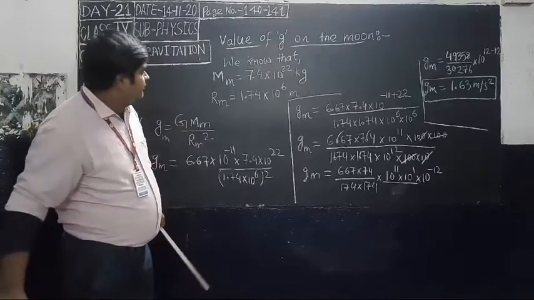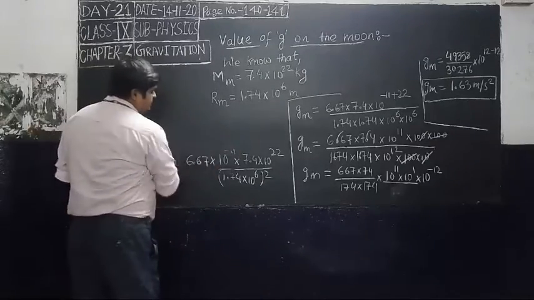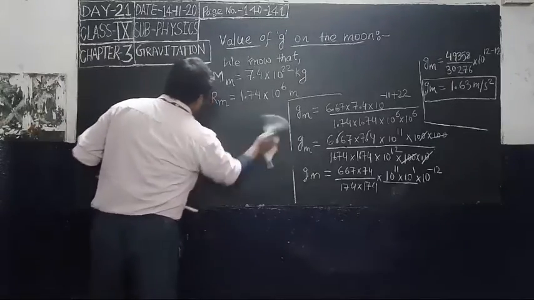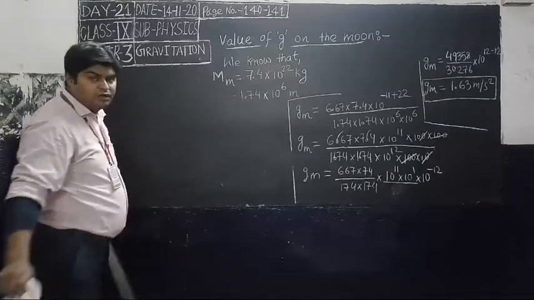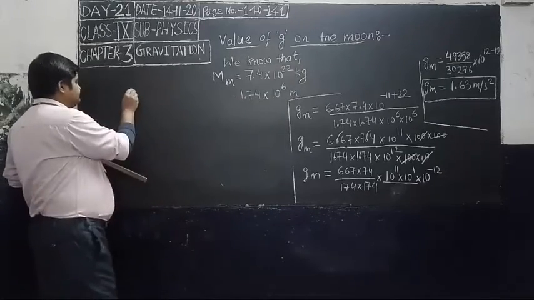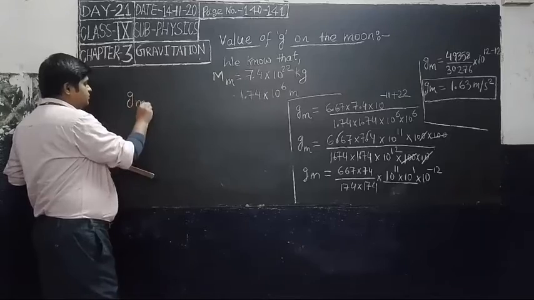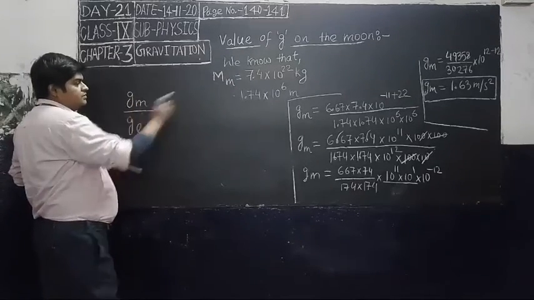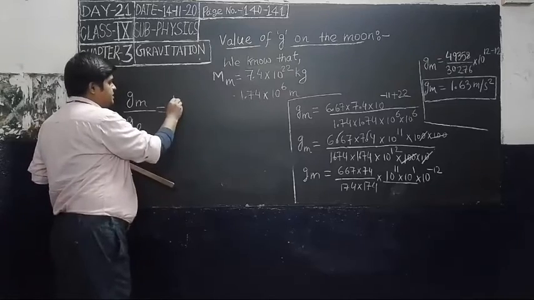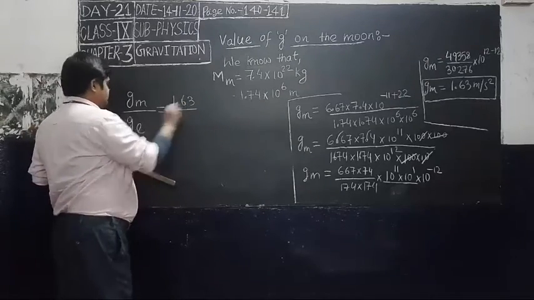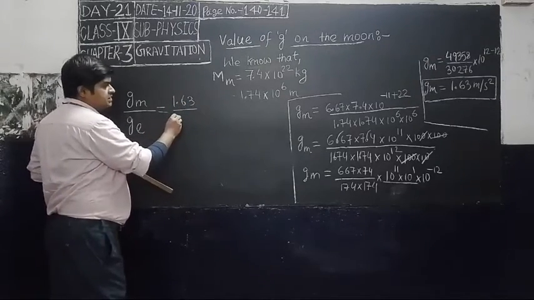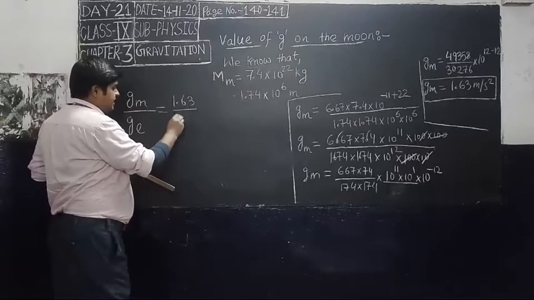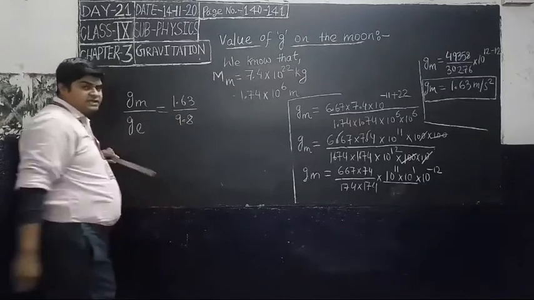Just compare the difference between the acceleration due to gravity on the moon and on the earth: gravity on moon by gravity on earth, 1.63 by 9.8 meter per second square.